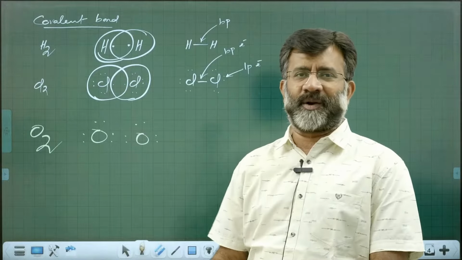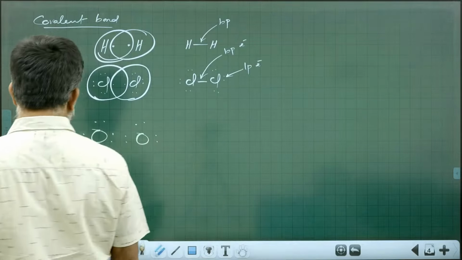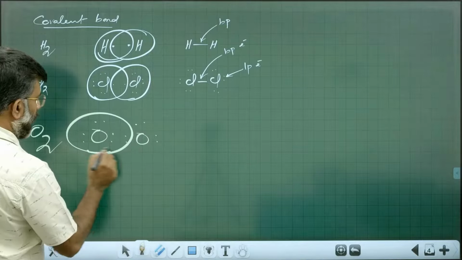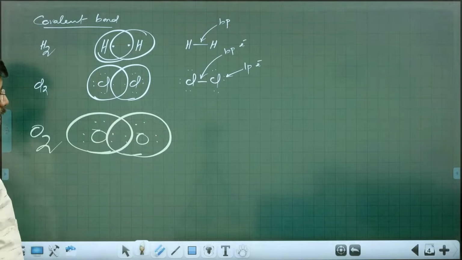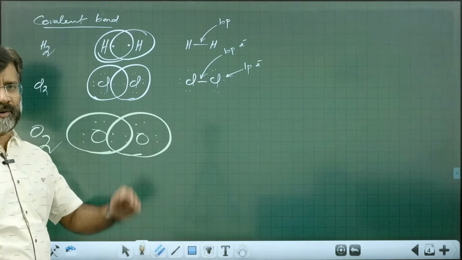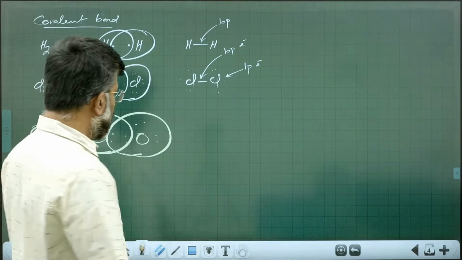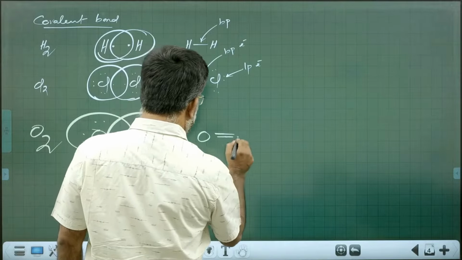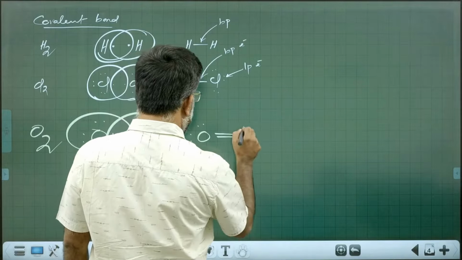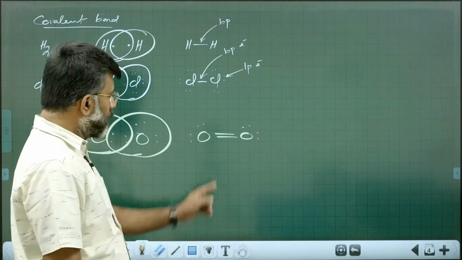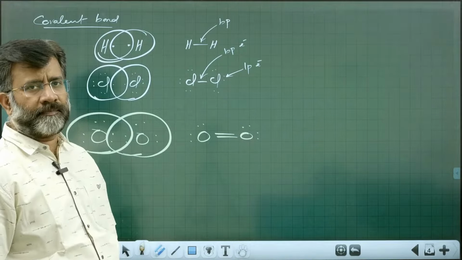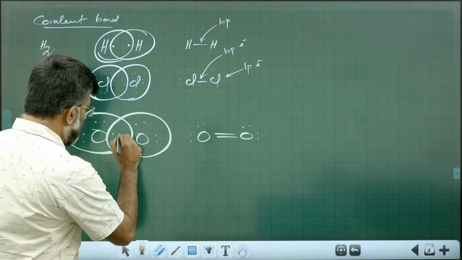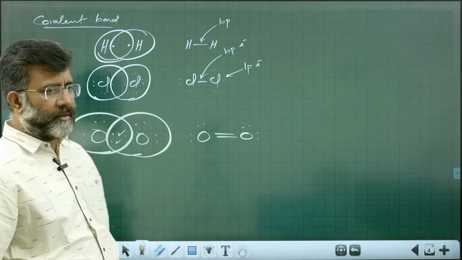You see what is happening here? The overlapping happens like this. Two pairs of electrons are involved in bonding, and you can find there is an O=O double bond. There are 2 bond pairs, and the rest you can find are lone pairs. Why? Because here 2 pairs of electrons are involved in bonding.